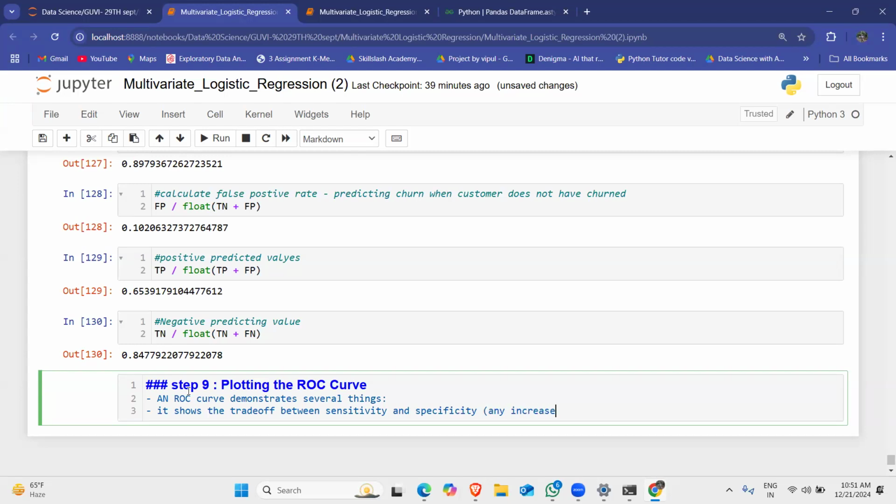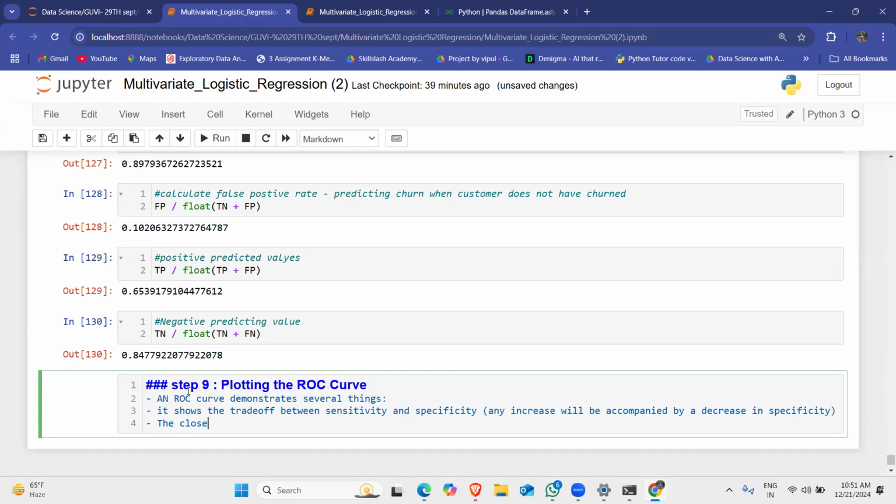Any increase in sensitivity will be accompanied by a decrease in specificity. And the closer the curve follows the left-hand border and then the top border of the ROC space, the more accurate the test.